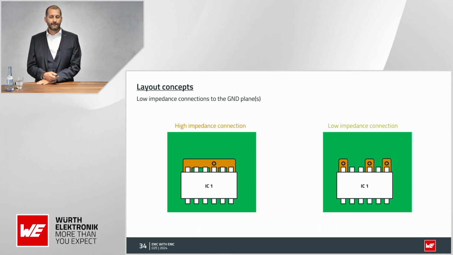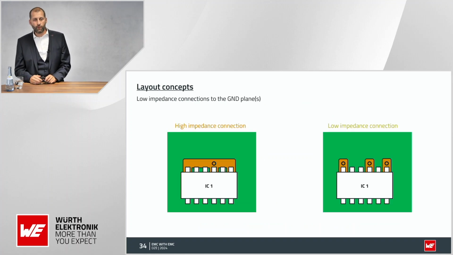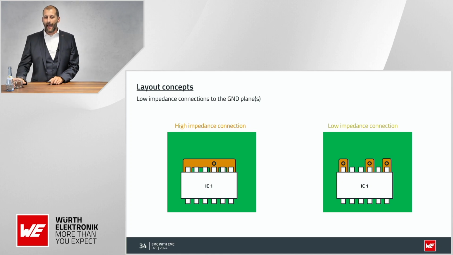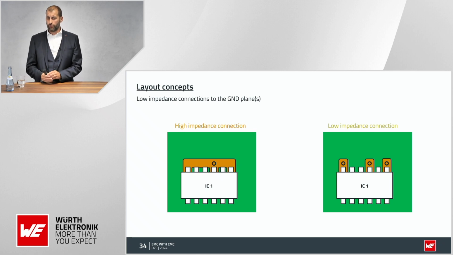The next thing, and that's most often the more tricky one, is high impedance connections. A bit trace on your PCB is an inductor. Even though it has no windings, it has a certain amount of inductance. And by that, it's a frequency-dependent component.